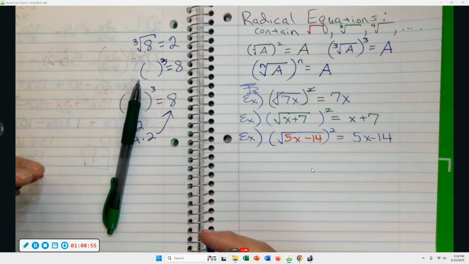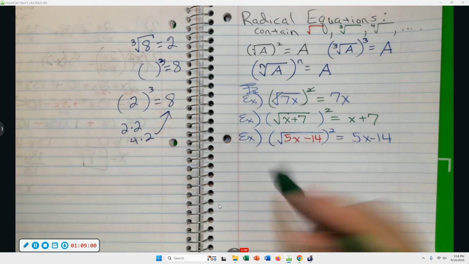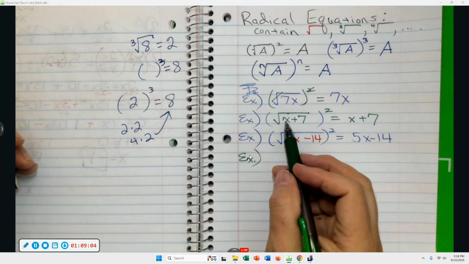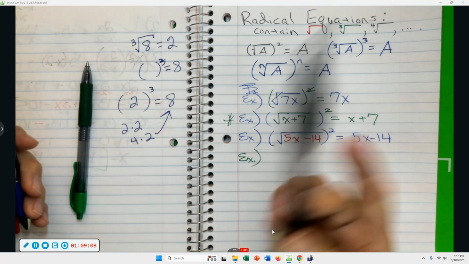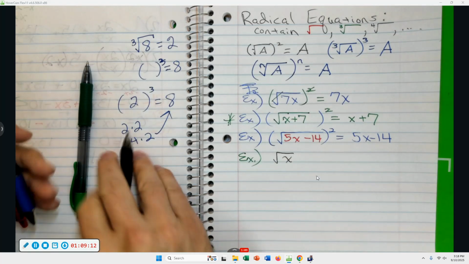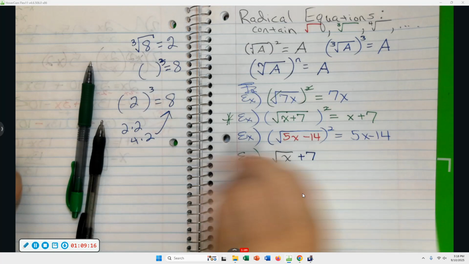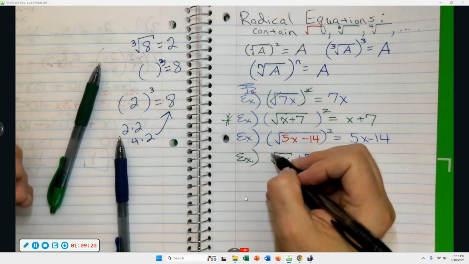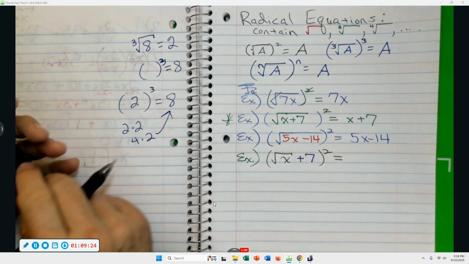Suppose not all of the stuff is under the radical. Look at this one, compare it to this example right here, okay? I have a square root of x, and I have a plus 7 stuck on. Notice I'm going to close off that little square root there, and I want to square it.